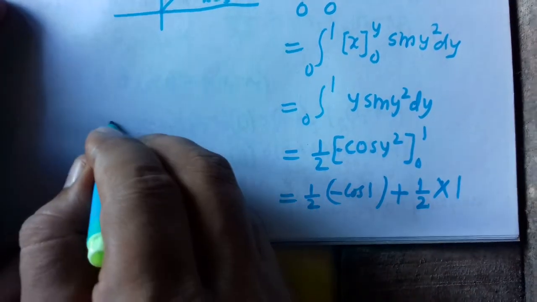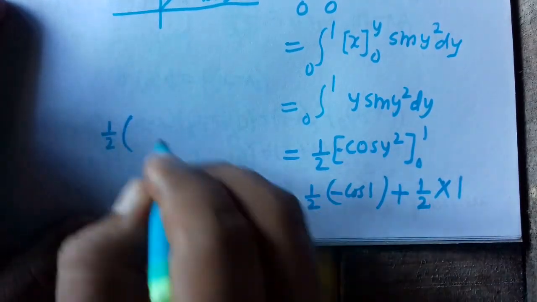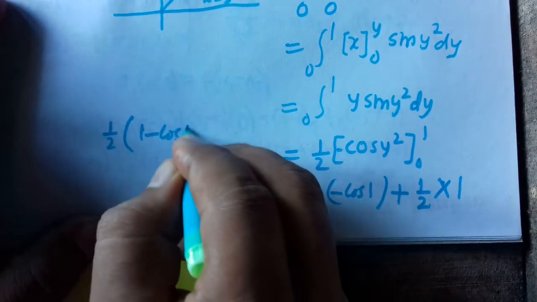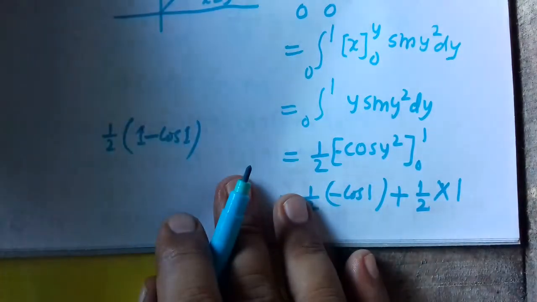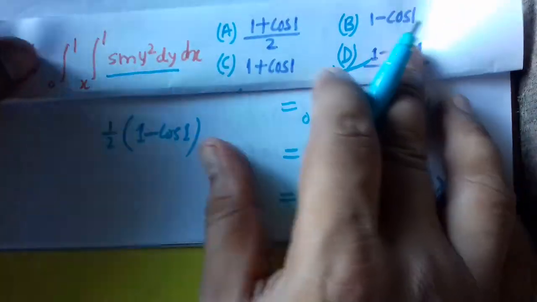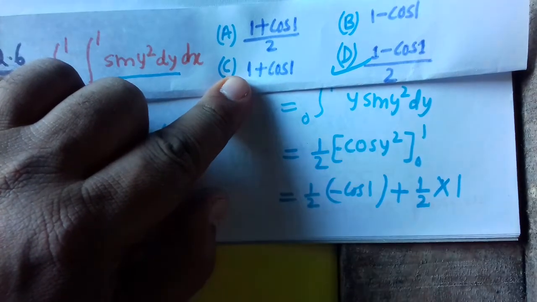Now taking 1 by 2 common, we have 1 minus cos 1. So 1 minus cos 1 is the answer, and this answer you see in D. So D is our correct option.